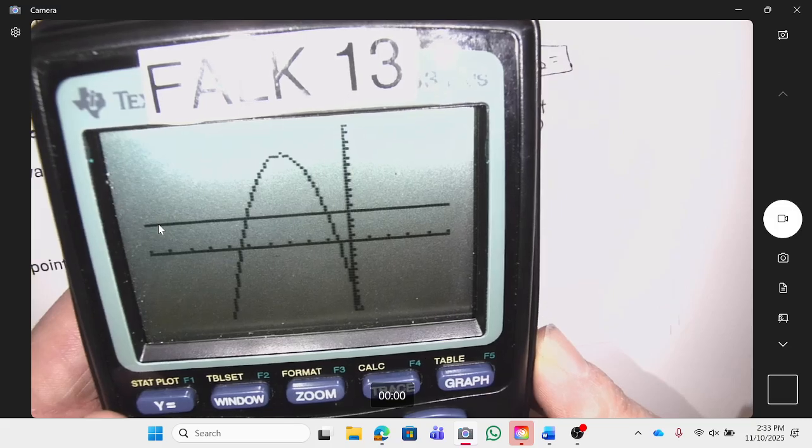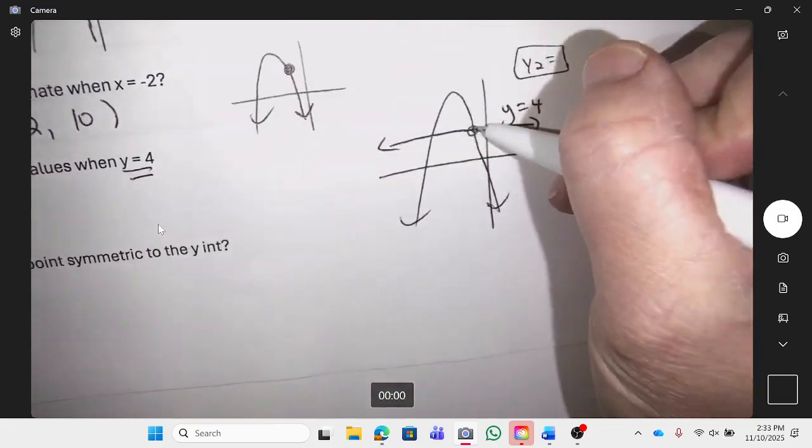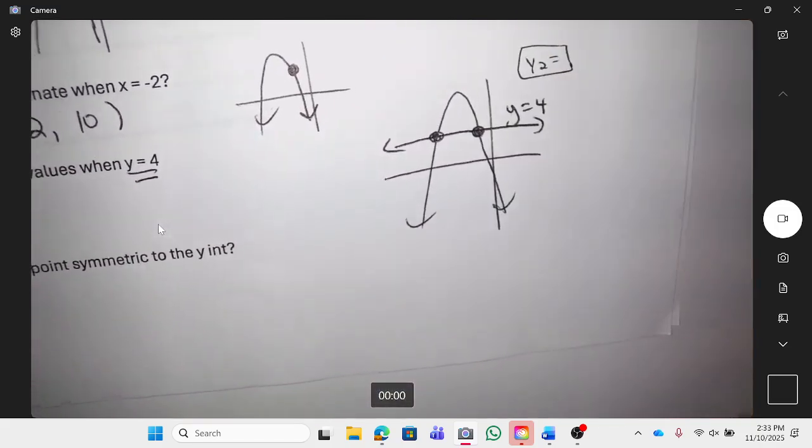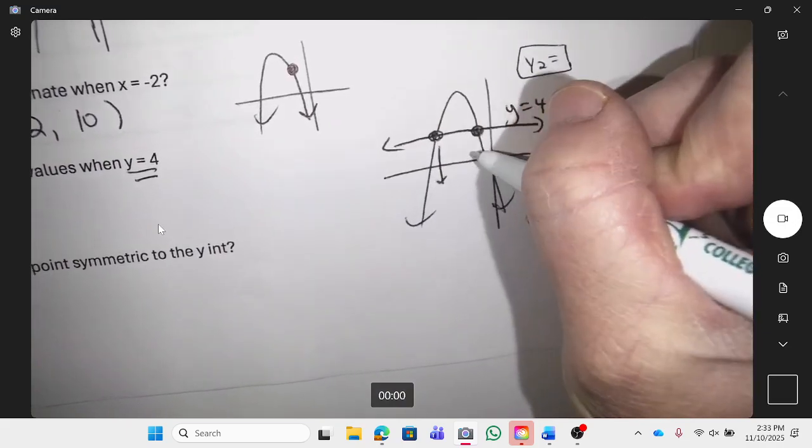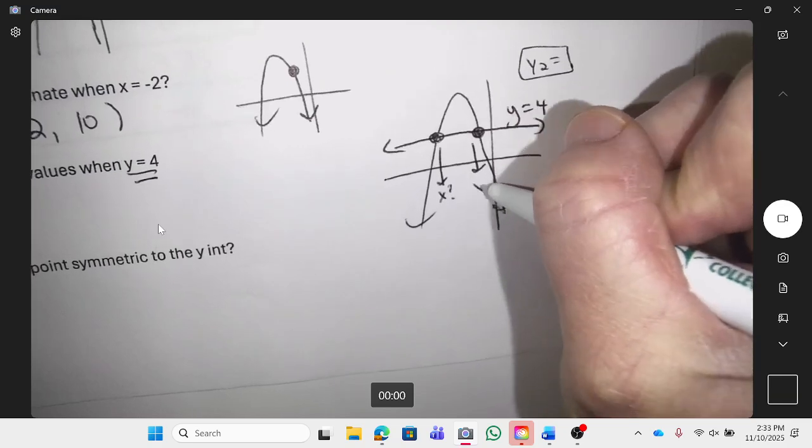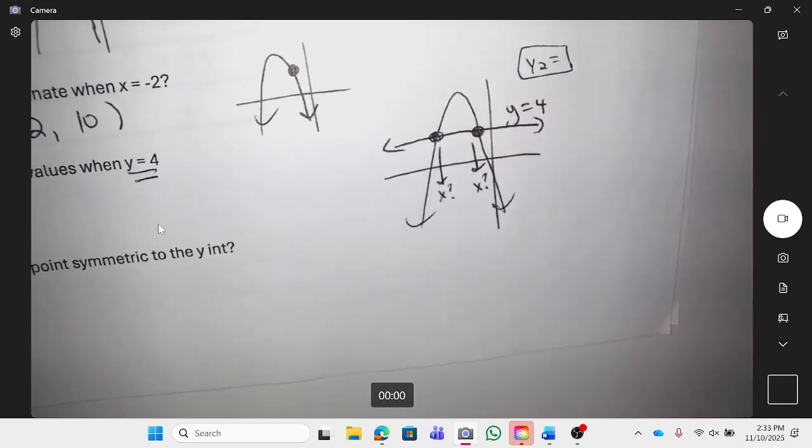So where does this graph hit that height? Right here and right here. Okay? I want to know what are the x values of when it hits there.